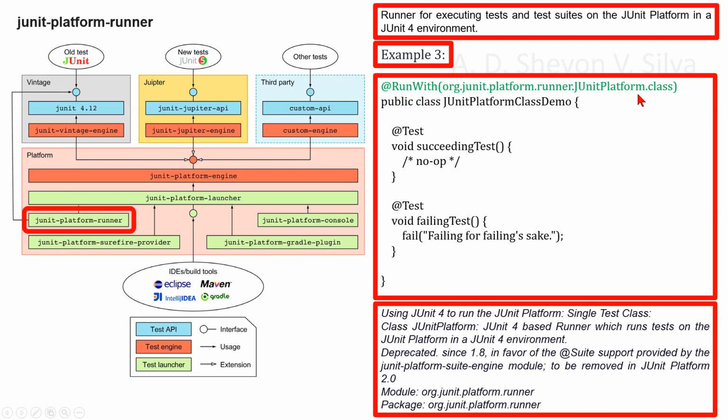Please note that the test methods in the following examples are annotated with org.junit.jupiter.api.Test from JUnit Jupiter, not org.junit.Test from JUnit 4. Moreover, in this case, the test class must be public. Otherwise, some IDEs and build tools might not recognize it as a JUnit 4 test class.